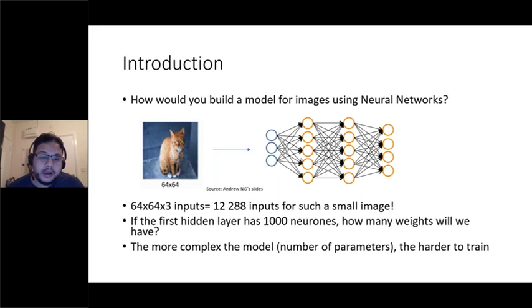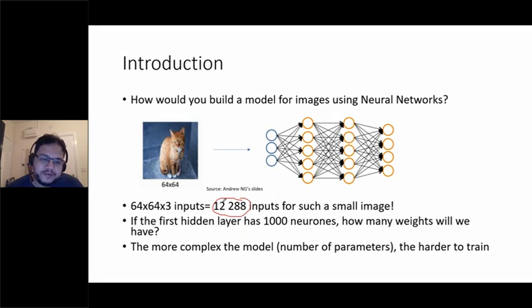So if we have here 1,000 neurons, how many weights do we have inside just in this first layer? If we have 1,000 neurons, each neuron is connected to how many? It's connected to this number of inputs.